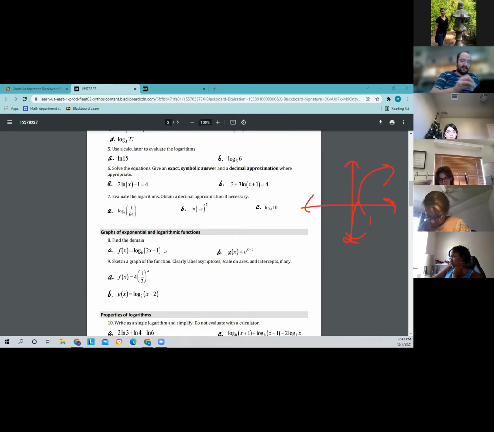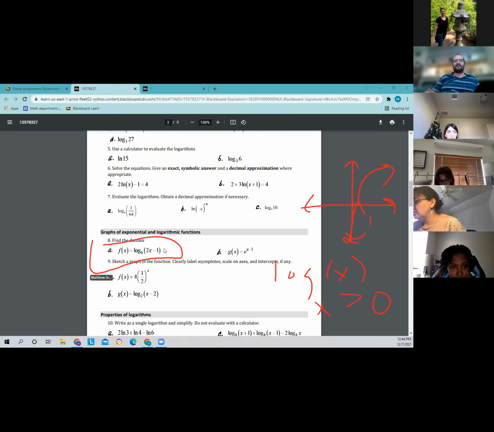Okay, so this says that the thing inside the log, so if I have log of x, the x has to be greater than 0. Now if I do log base, the base doesn't really matter. It's going to determine the steepness of the graph, but it's still going to go through at 1. Things that are fractions are still going to be negative. Things greater than 1 are still going to be positive. It's still going to have the same basic properties.